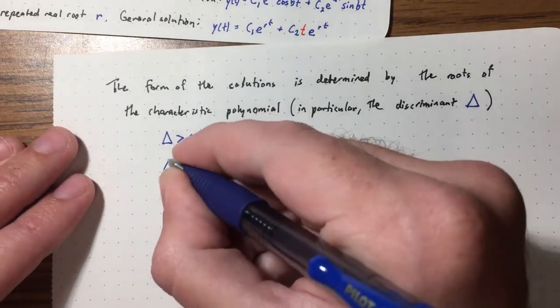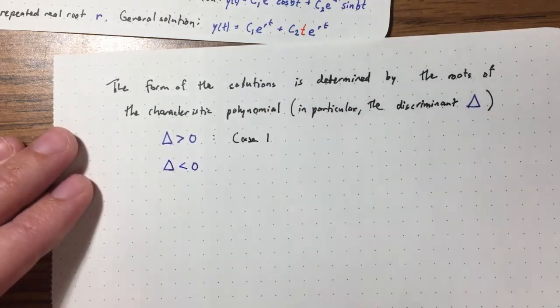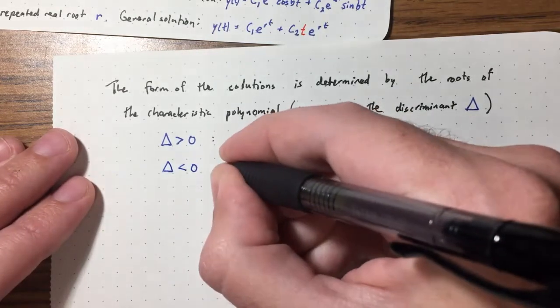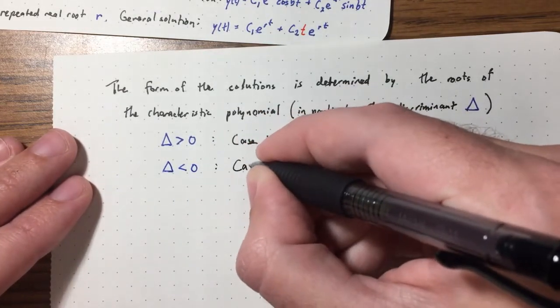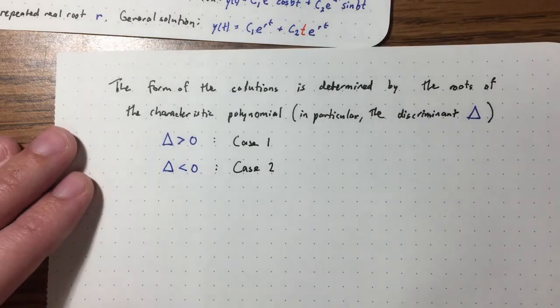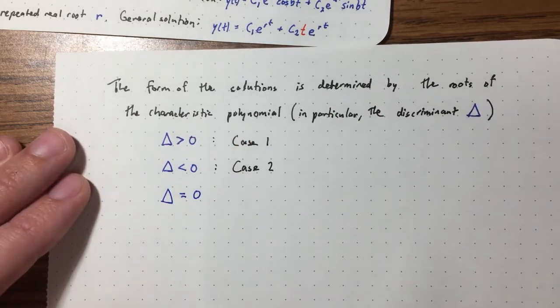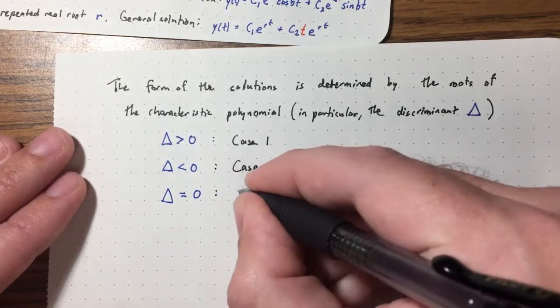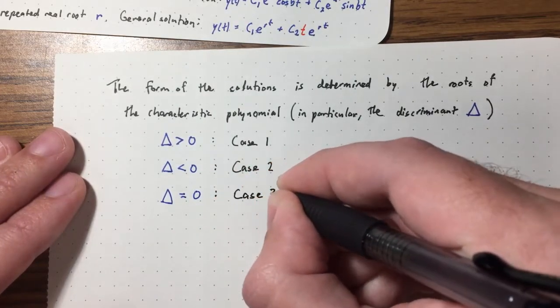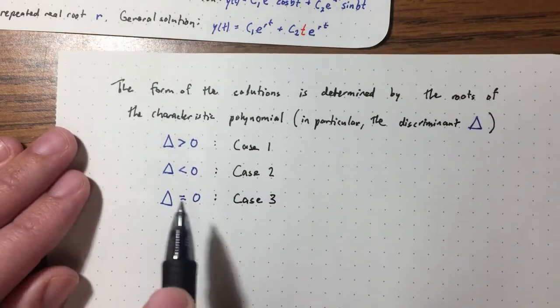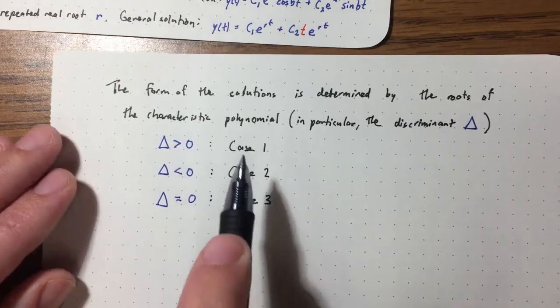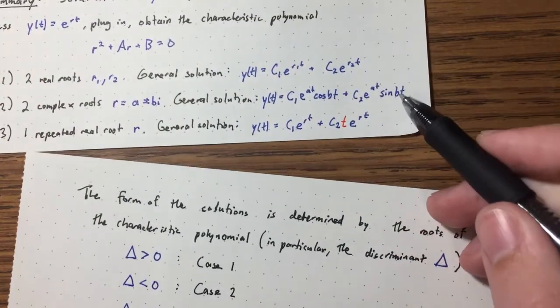And if the discriminant is negative, well, then we have a negative under the square root. That's going to be complex roots, so we have case 2. And finally, if the discriminant is exactly 0, that's when we're in case 3. Case 3 is sort of like the boundary case between this case here and this case here.